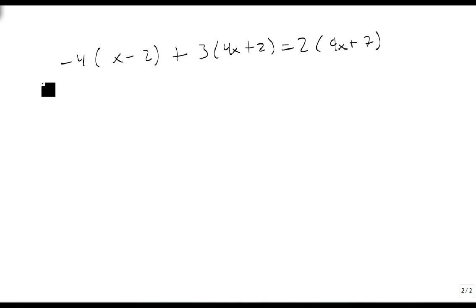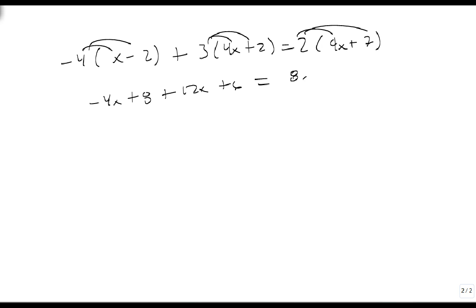Well, what if instead we get minus 4 times x minus 2 plus 3 times 4x plus 2 equals 2 times 4x plus 7. Well, here we'll distribute. We get minus 4x plus 8 plus 12x plus 6 equals 8x plus 14.